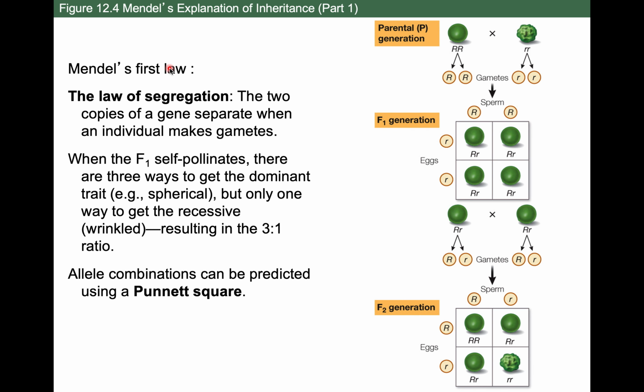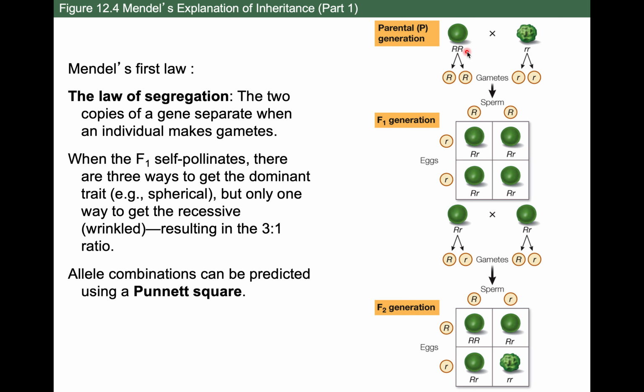So there's a couple of laws of genetics that came out of Mendel's work. The first being what's called the law of segregation, and this just simply says what we've already talked about when we learned about meiosis, is that those two copies of a gene that are present in a diploid individual, right?